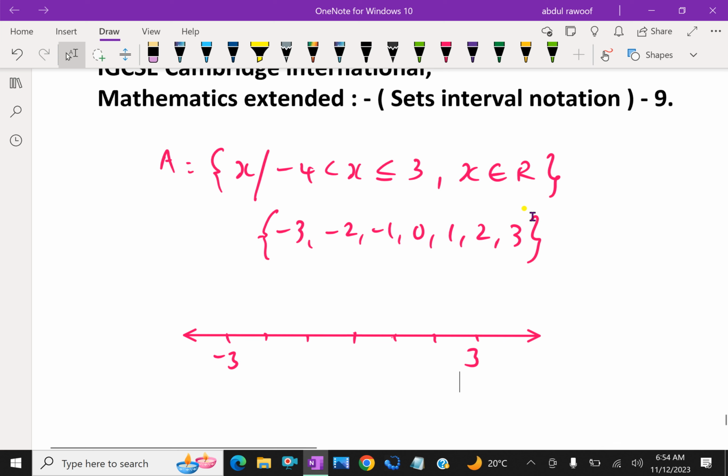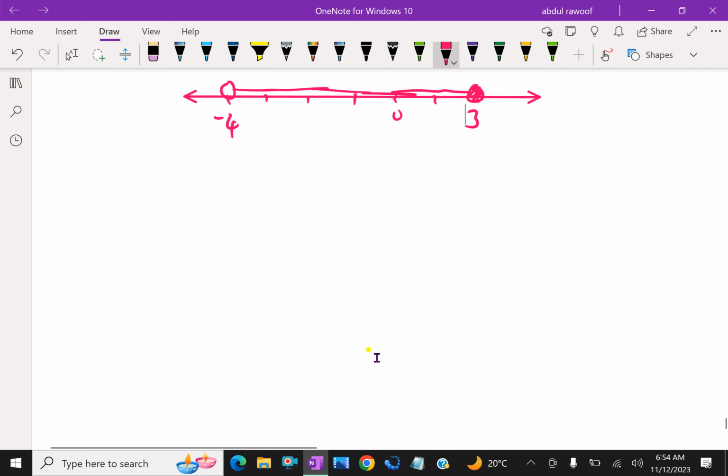This is minus 4 here. Look at this is a hole and this is a solid. Why? Because here 3 is included and minus 4 is not included. In between, those numbers are called set A, elements of set A.